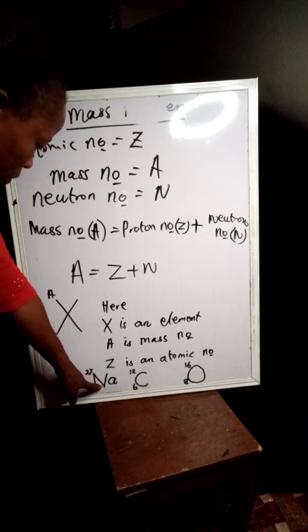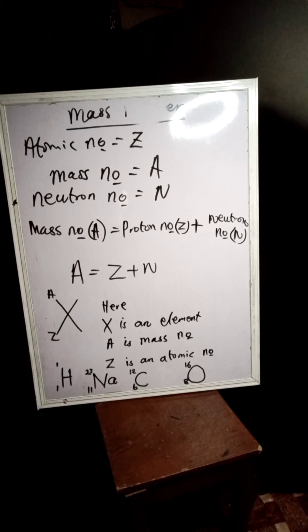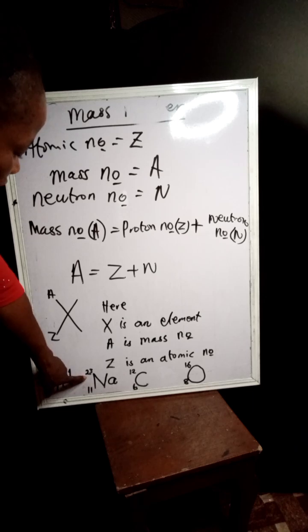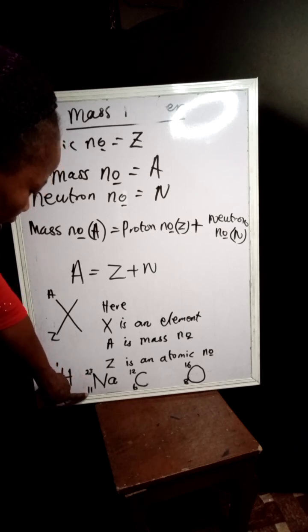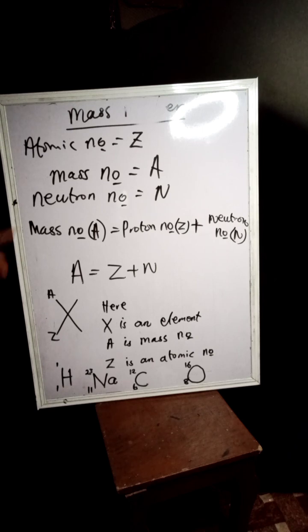Then this is an atom of sodium represented in this form. So somebody will ask you, how many electrons are present in the atom of sodium? It is 11. How did I know? I knew it because the atomic number of sodium is 11, and the number of protons present in sodium is 11.